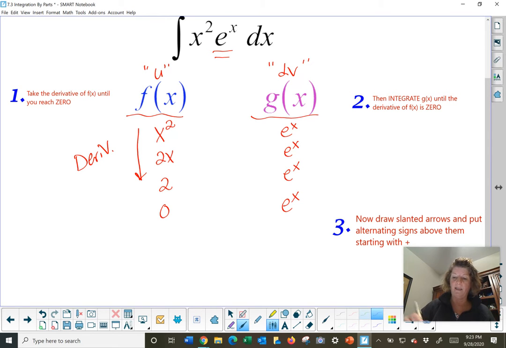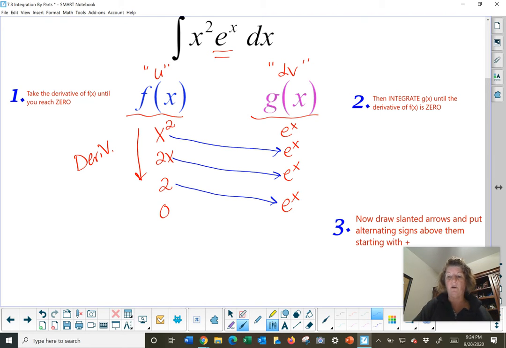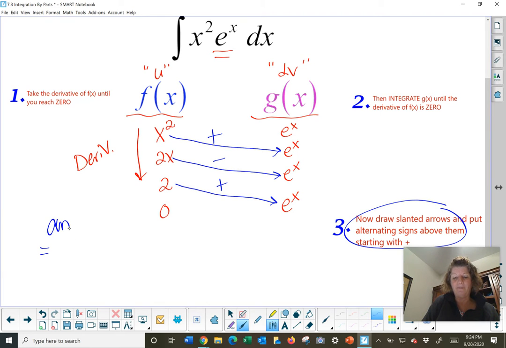So I'm going to draw in a slanted line. I'm going to connect the first term with the second term, the second term with the third term, the third with the fourth, and then I'm done once I hit 0. This will be a positive, this will be a negative, this will be a positive, because I start with the positive and alternate. Now this creates the answer, and the answer is formed by the product of the diagonals.